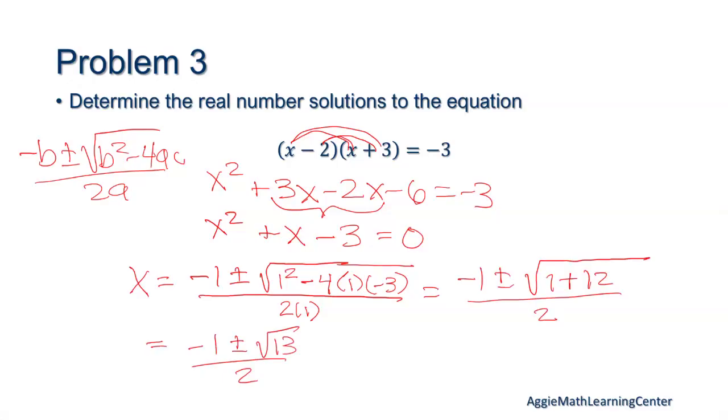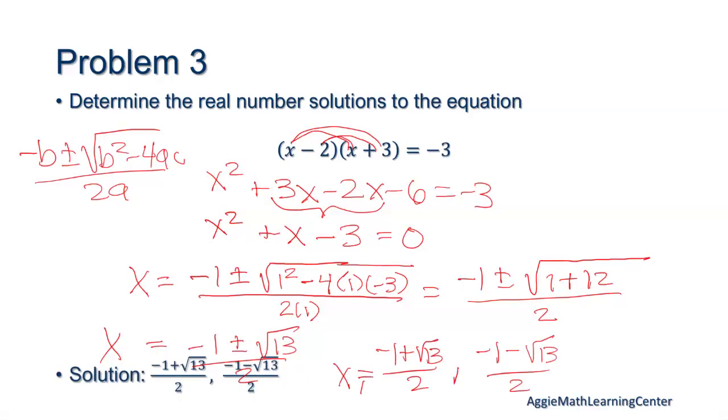No, we can't, because 13 is prime, right? And then when you write your solutions, we can write it as negative 1 plus root 13 over 2, equals that. And then negative 1 minus root 13 over 2. So how would it look if we could simplify?